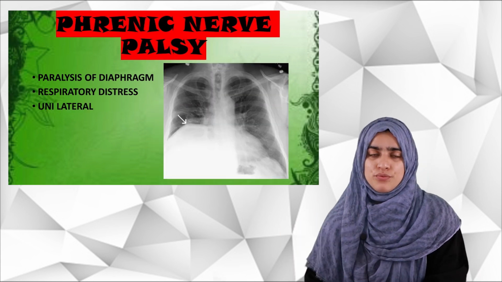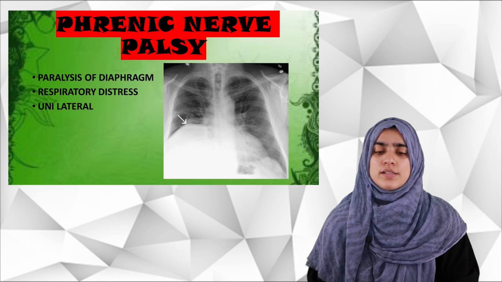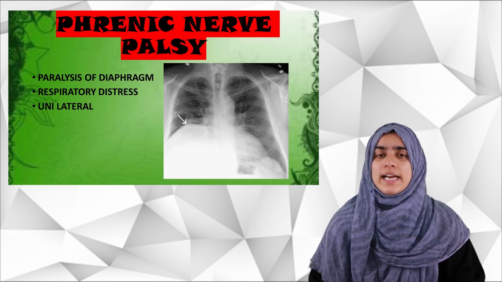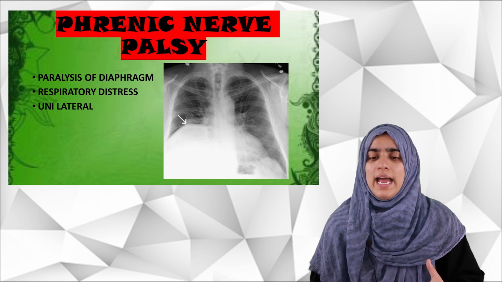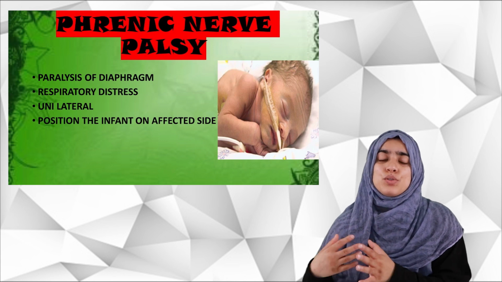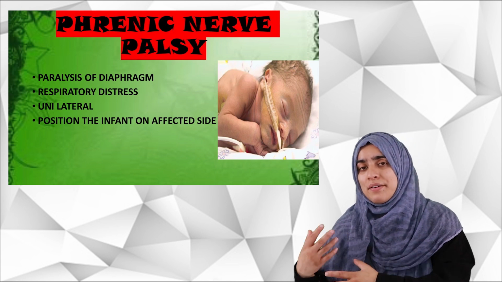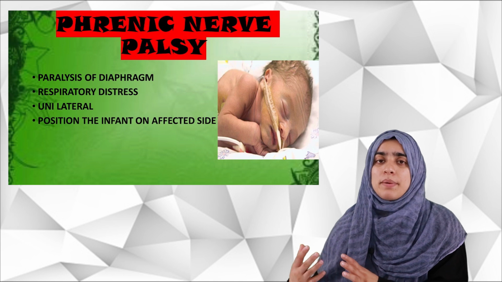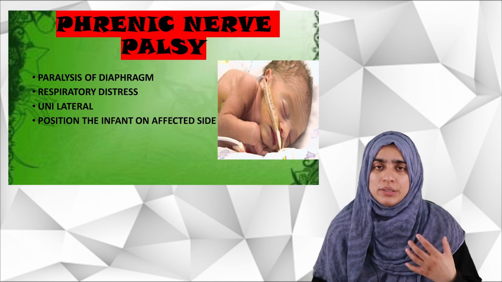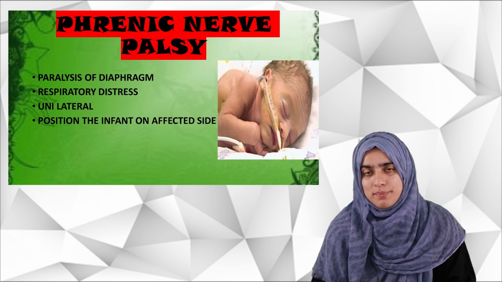Injury to the phrenic nerve is usually unilateral. So the lung on the affected side does not expand well, and breathing difficulty may occur. The baby is positioned on the affected side, that means the affected part of the lung, and it will help to facilitate breathing by the unaffected part.